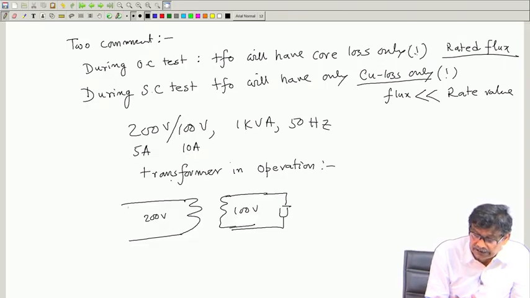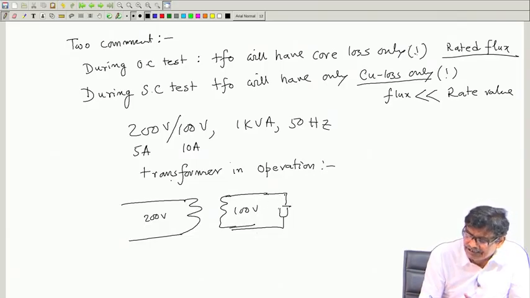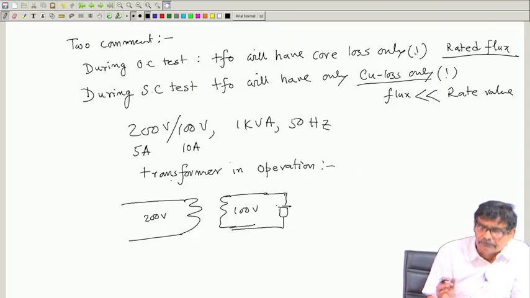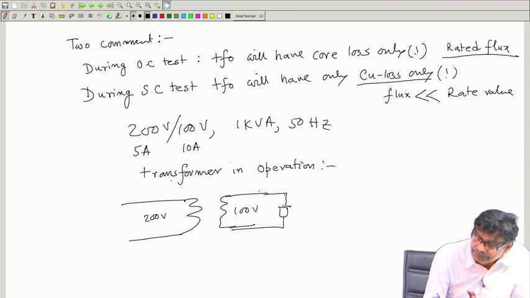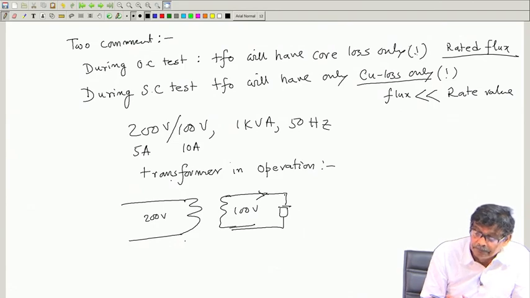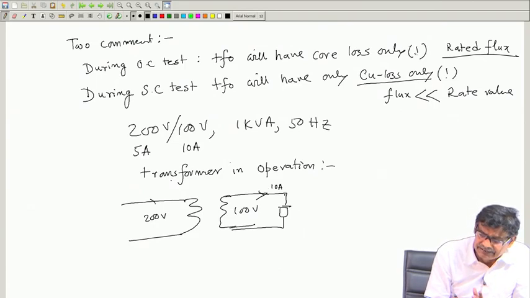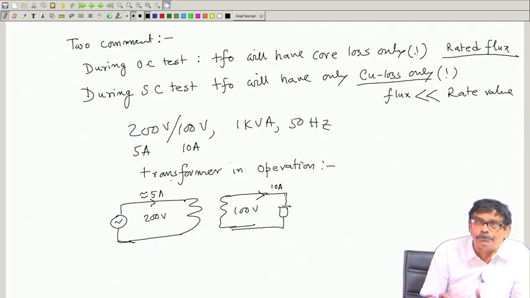So, you must apply rated voltage, get almost rated voltage on the secondary side, voltage across this terminal may be a little less, that is okay, we will see that. But what I am telling, for normal operation I would like to see this side carries 10 ampere current, this side carries current 5 ampere, and you will be happy, because based on that only you have purchased a transformer.